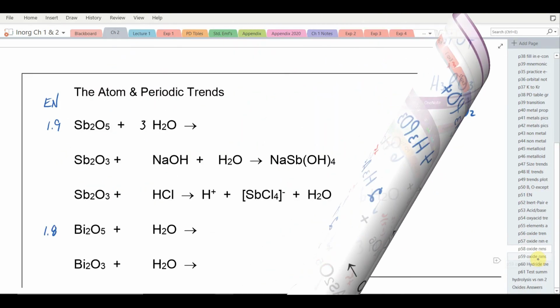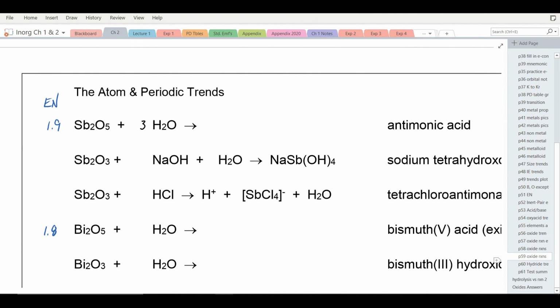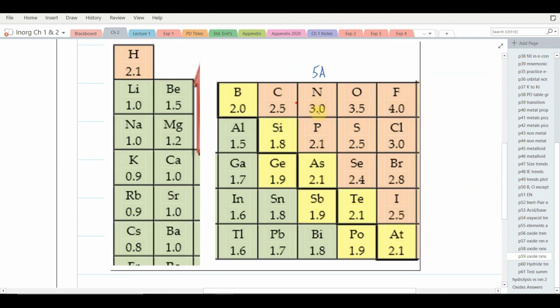Page 64. We're still moving down group 5A with nitrogen, phosphorus, arsenic, antimony, bismuth. As we move down column 5A, the elements trend from being non-metallic to semi-metallic or metalloid-ish, and ultimately to metallic. We're looking at antimony and bismuth now.